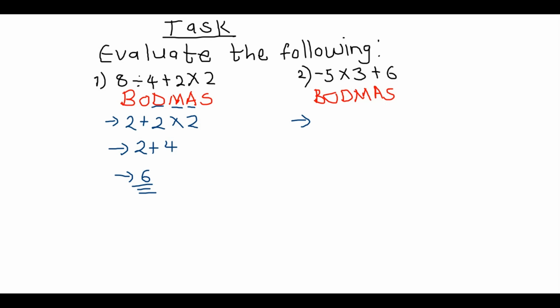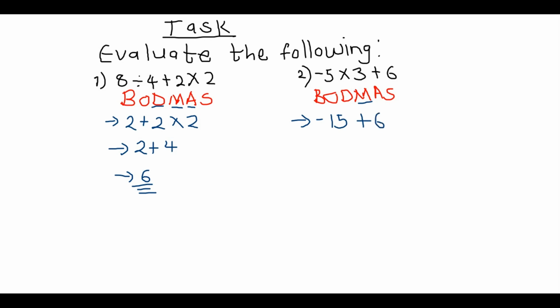No. Division? No. Multiplication? Yes, we're going to multiply -5 by 3, which gives us -15, and then plus 6.